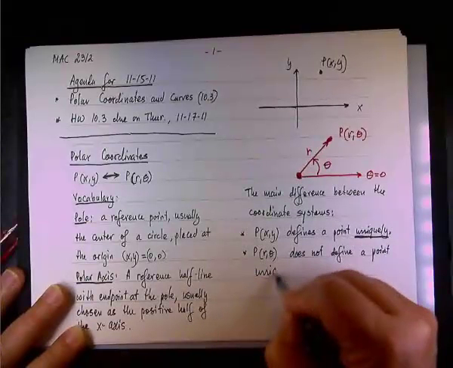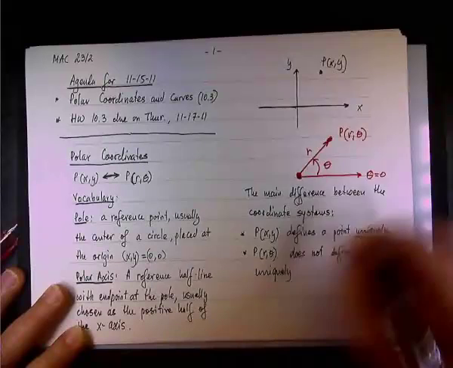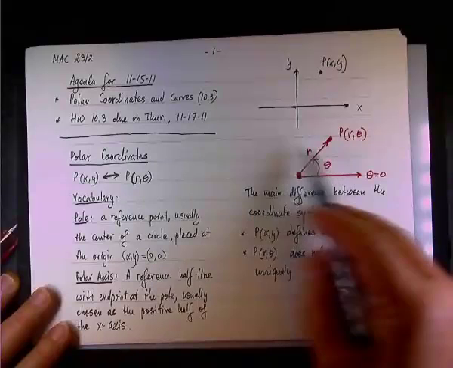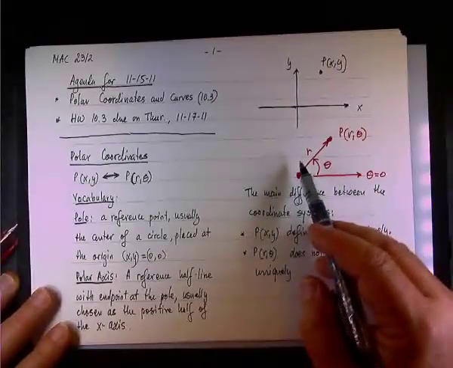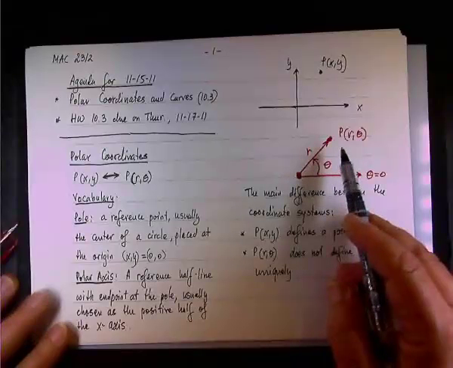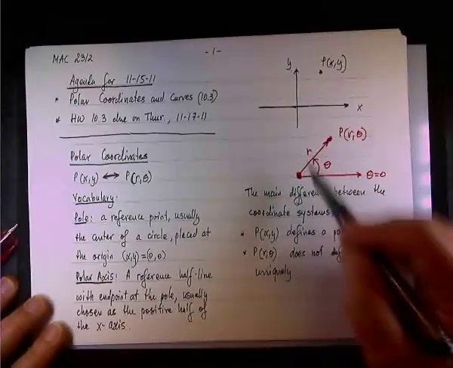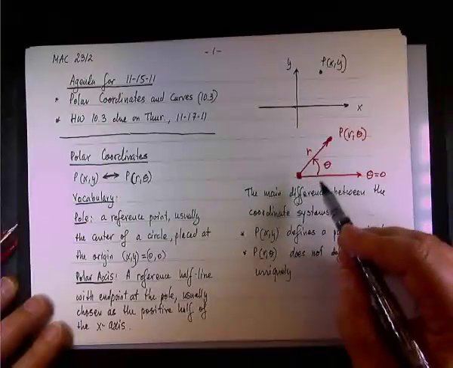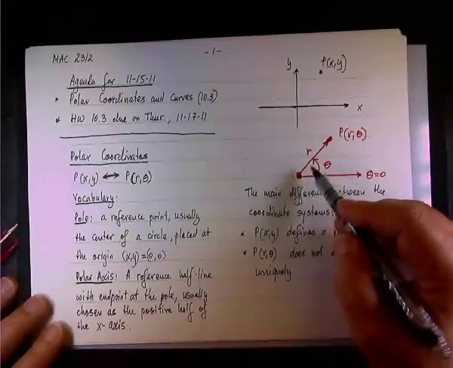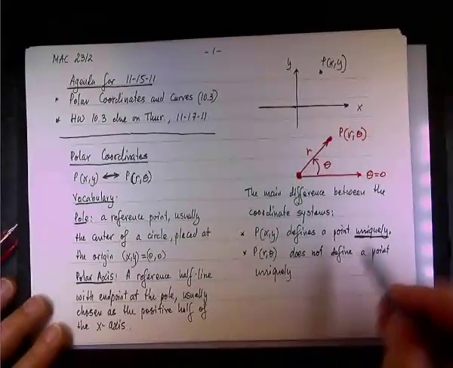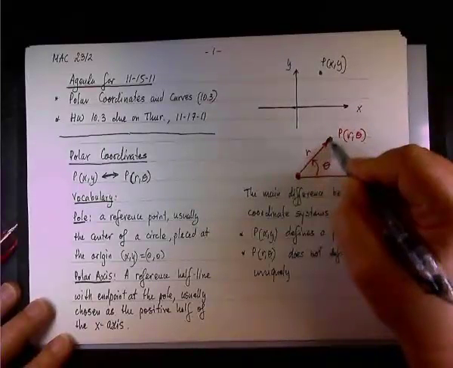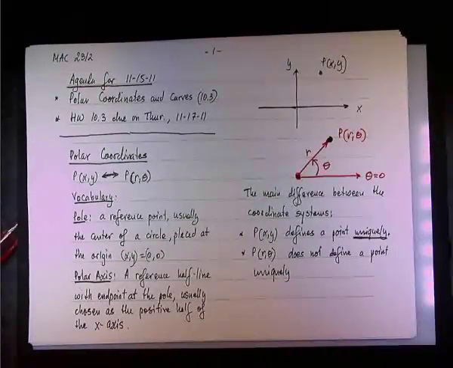For instance, if you look at this point P of r theta, if I go another round, one more revolution, I'll be at the same point. Or if I go in the negative direction, with negative theta, I'll be at the same place. So it stands to reason that this particular point can be expressed in more than one way.